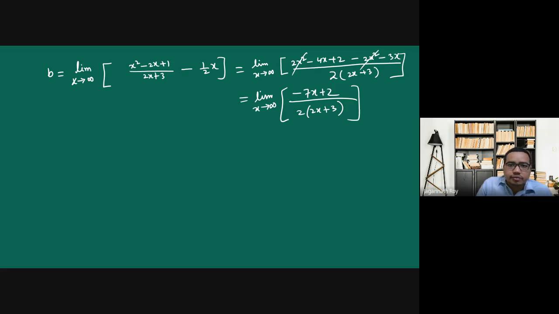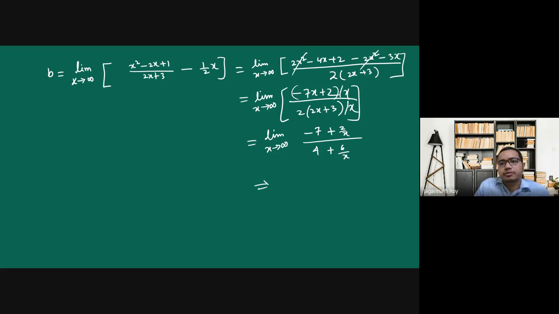If you divide by x, you will get minus 7 plus 2 by x over 4 plus 6 by x.